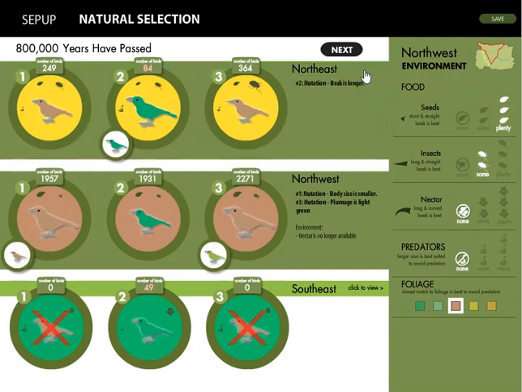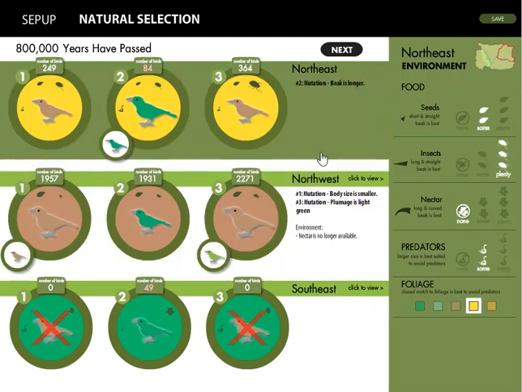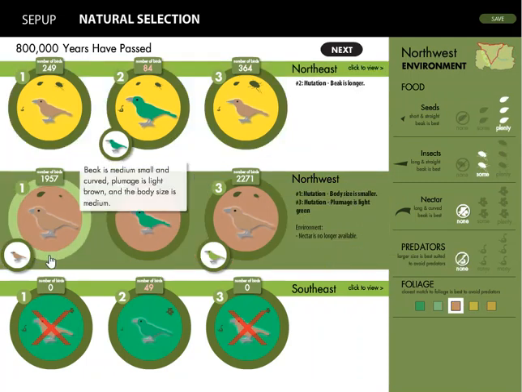In the Northeast, our habitat, the beak is longer in the second population, which should be beneficial because it'll help them with the insects. In the Northwest, the first population has a smaller body size. There's no predators, so that shouldn't really affect them.